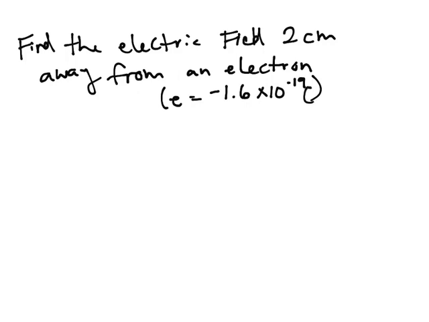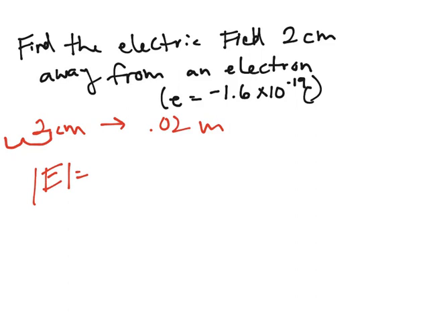Alright, now that you've had a chance to practice that, first off, 2 centimeters is not going to work. It needs to be in meters. So remember, the way to turn centimeters into meters is divide by 100, or move your decimal over 2 places, so it's 0.02 meters. Alright, then we want to think about our equation, which is that the absolute value of the electric field is equal to KQ over R squared. K is 9 times 10 to the 9th.